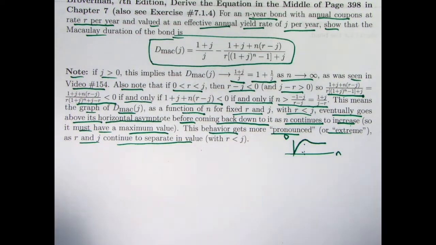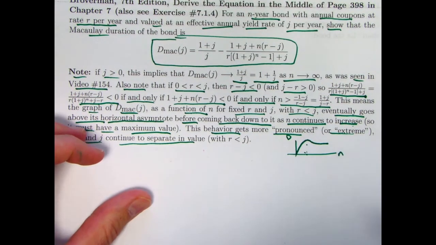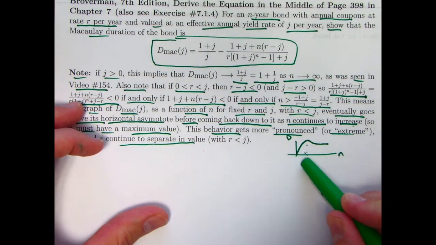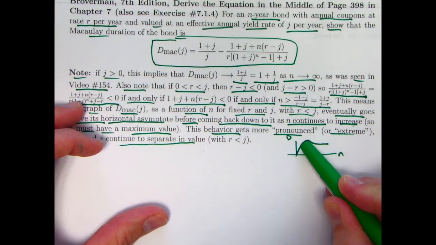And if you want to resell your bonds, you buy your bond and maybe you hold it to maturity, but maybe you don't. Maybe you are somebody who doesn't typically hold the bond to maturity, so you want to sell it. You don't want the price to be low if you want to sell it, right? You want to get more money. So in a situation where j increases, so the price goes down, long durations are bad. You would want to avoid intermediate values of n that maximize the duration.